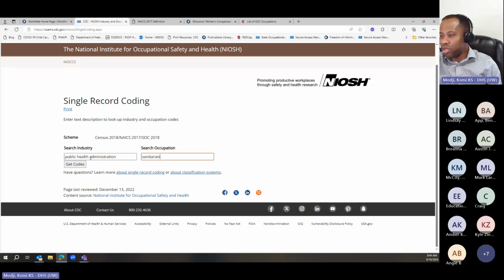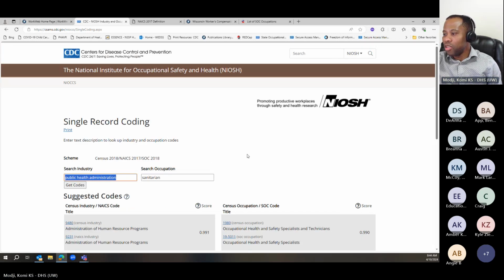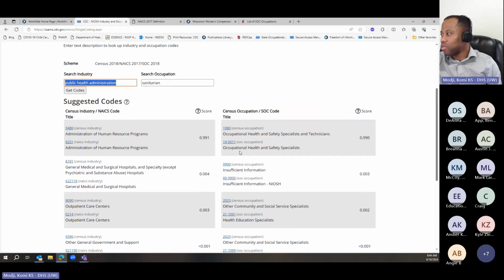So what is your industry? What is your standardized occupation? When you put those two, the industry and the occupation, in here, you just click on get codes, it will process it and give you this result. Usually you just stay with the first line. You have the industry, which is Administration of Human Resources Programs. This is the industry group under which public health is housed.